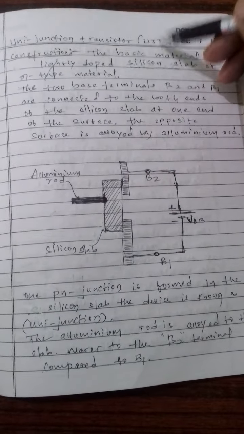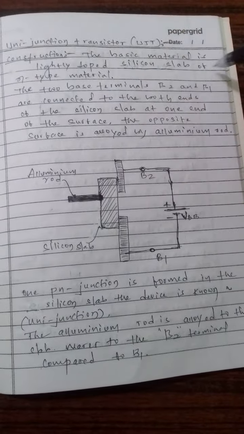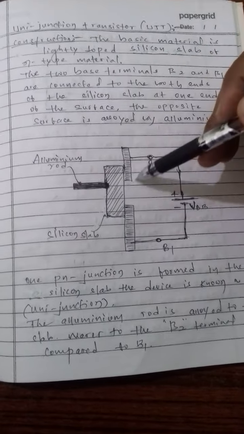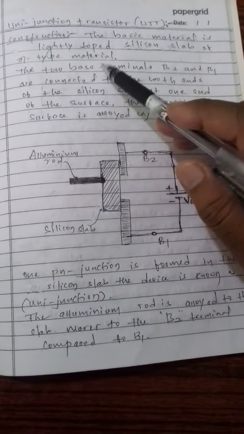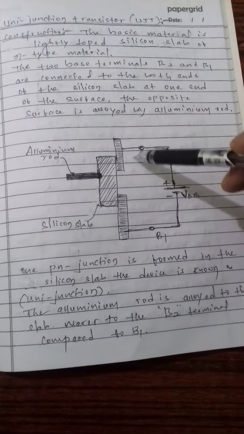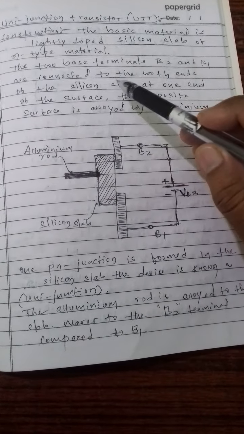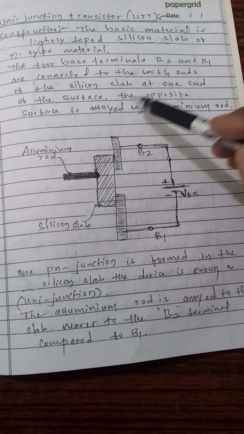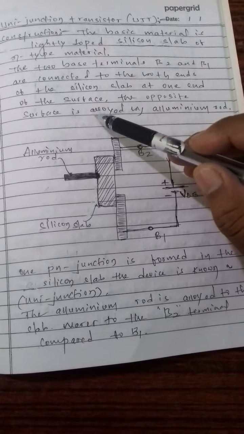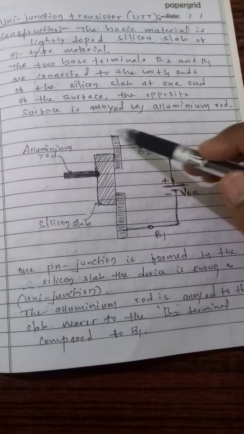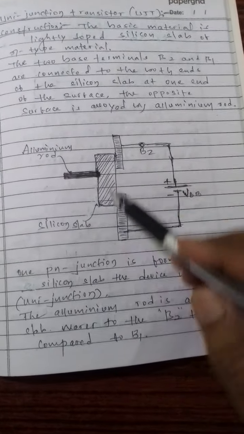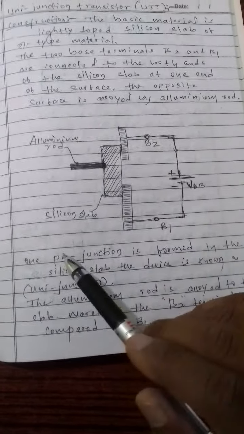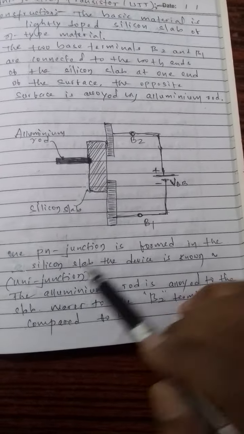Unijunction transistors, UJT. The construction: the basic material is a lightly doped silicon slab of N type material. The two base terminals, B2 and B1, are connected to both ends of the silicon slab. At one end of the surface, the opposite surface is alloyed with an aluminum rod, so that one PN junction is formed in the silicon slab.